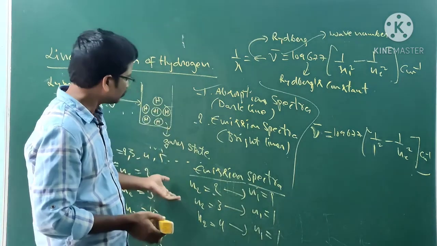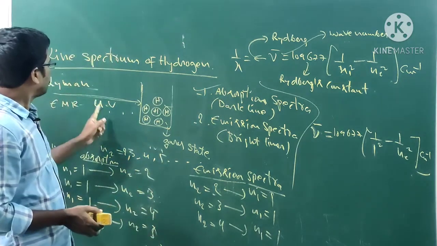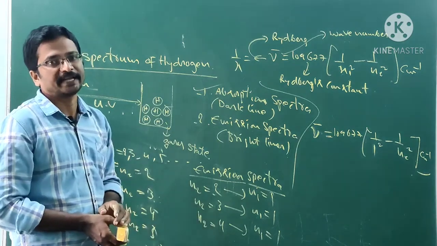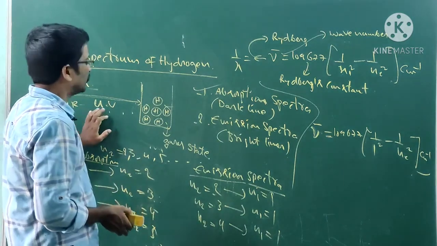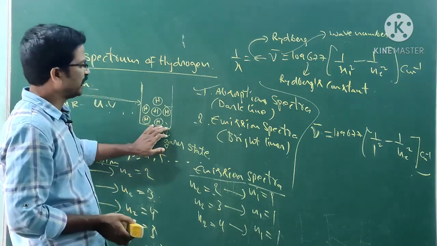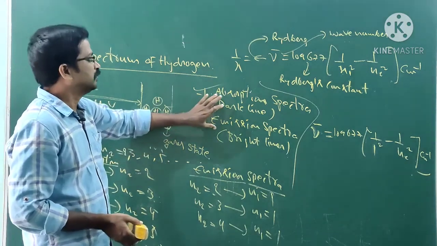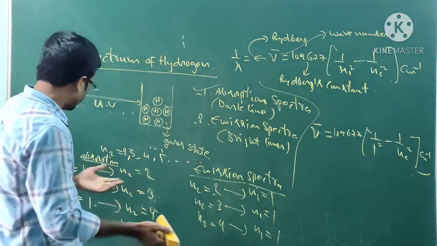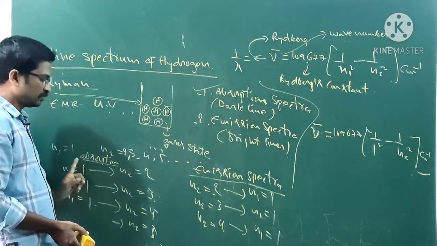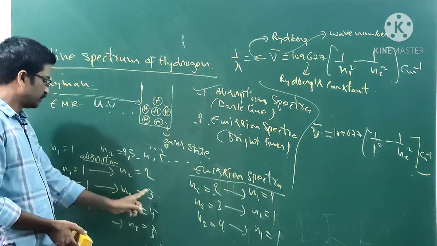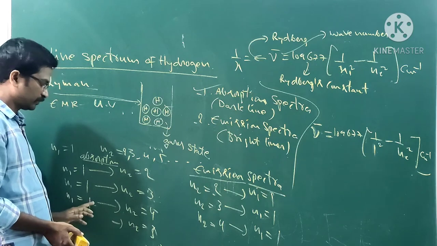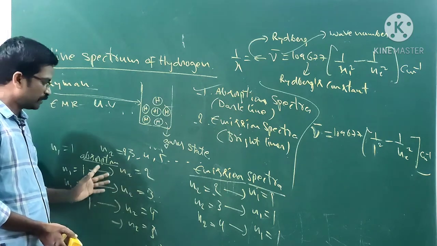Lyman did the practical by using UV light. By using UV light, he did the same experiment. He could also get the absorption spectra and emission spectra. He explained absorption spectra as the electron going from n1 to n2, n1 to n3, n1 to n4, like this. This is absorption.